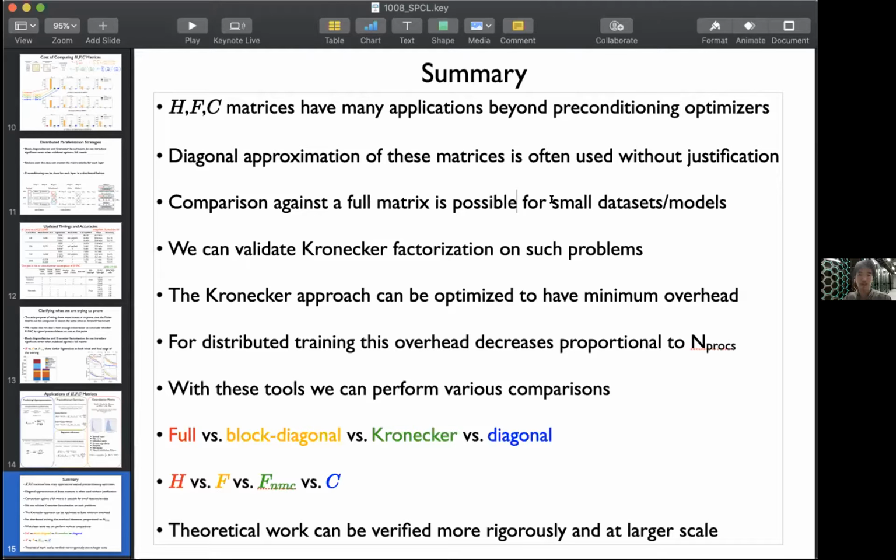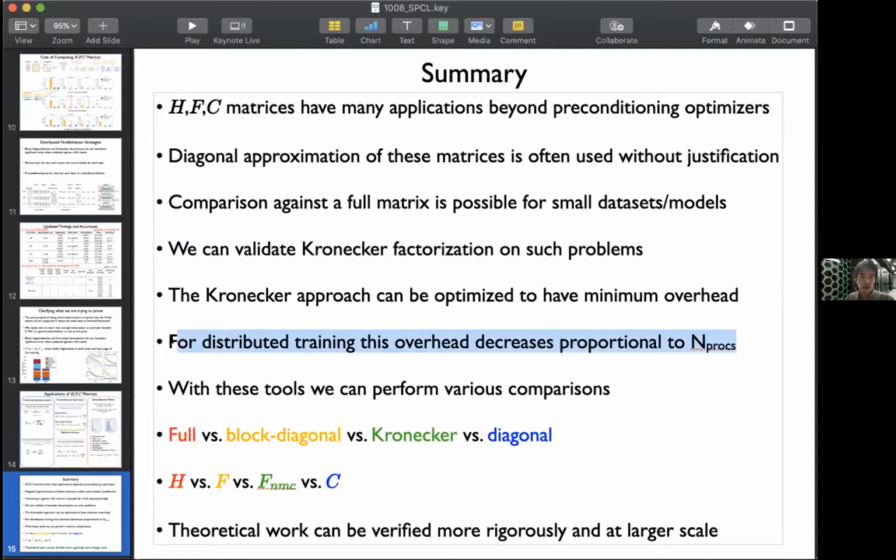It takes time to do this for larger data sets and models, but it's definitely feasible for smaller data sets. So we can validate these Kronecker factorizations or approximate methods there. And then once we've validated them, or found why they are inaccurate, then we can fix them. Once they're fixed, we can use them as optimizers with minimum overhead.